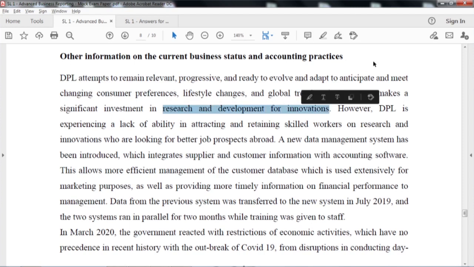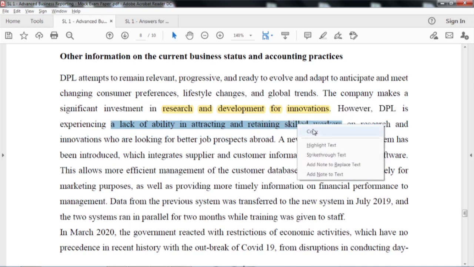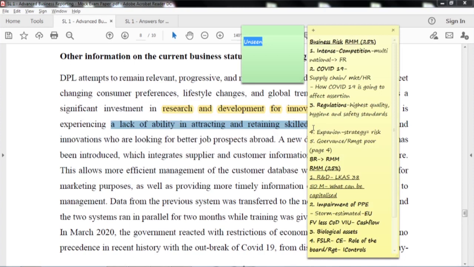However, company is experiencing a lack of ability to attract and retain skilled workers on research and innovation who are looking for better job prospects abroad. So, this company needs skilled people, especially in the research area, and this type of thing you can easily identify as a risk.